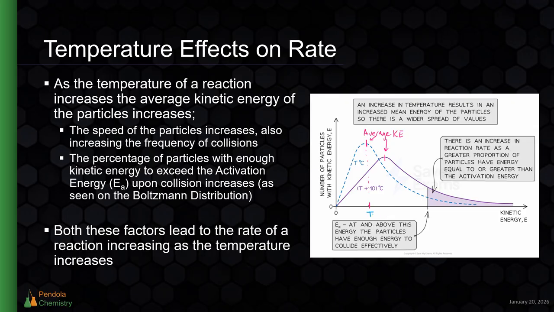Oops, no, that's kinetic energy, not temperature. So this is the kinetic energy at a lower temperature. On the other hand, the one for the higher temperature, the one in purple, if we follow that line, the average kinetic energy for the higher temperature is higher than the one for the lower temperature.